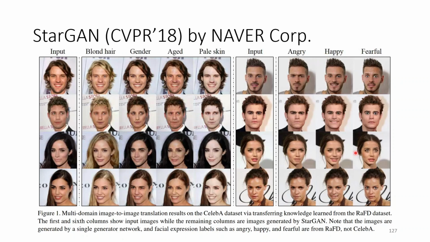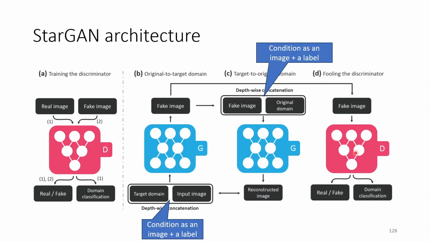So here is the conditional GAN. And let's take a look at the architecture of the StarGAN. So here, this is a discriminator. It is used to tell whether the image is a real image or a generated image. And this is the generator. In fact, the generator is like a CycleGAN.